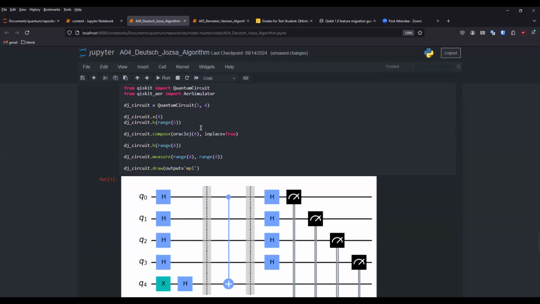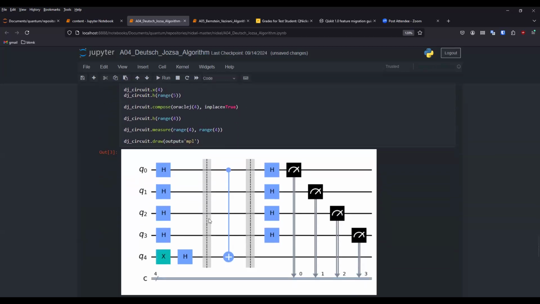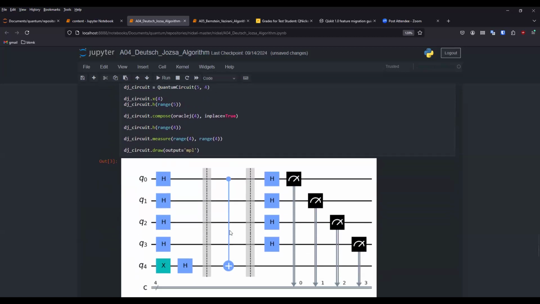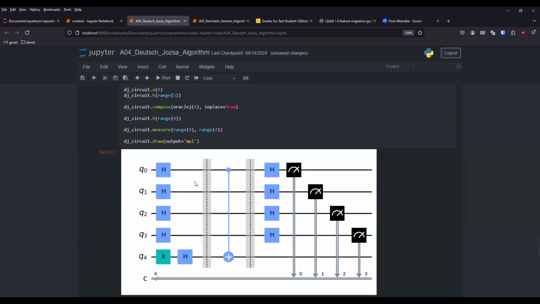Okay, we have it. So we didn't use barriers exactly, but you see we're using the NOT gate and the Hadamard gate on all of these. And next, we can look inside the black box at what the oracle is doing. It is putting a CNOT with the control being Q0 and Q4 being the target. And then we again put Hadamards and measure everything.